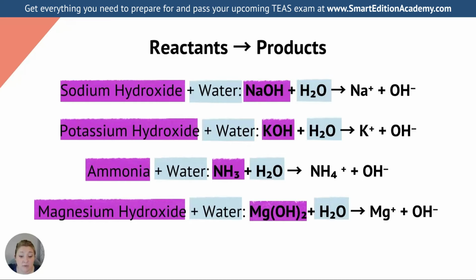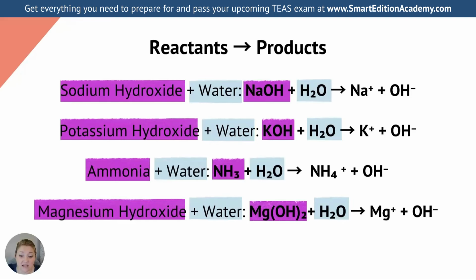And then ammonia in water. Ammonia is one of those funny ones that doesn't quite fit the normal classification. It doesn't have that OH in its formula like the other bases do, and it doesn't drop an OH, but what it does do is accept an H+.